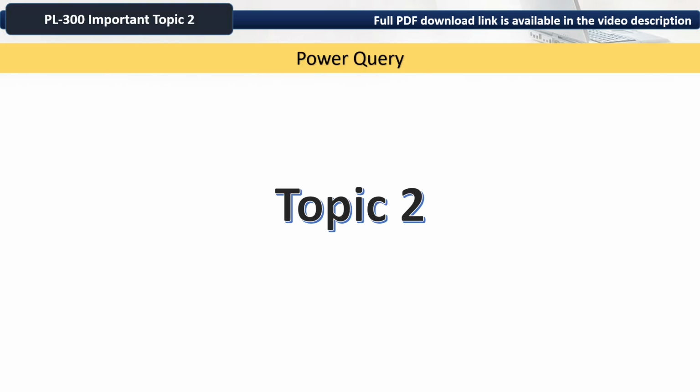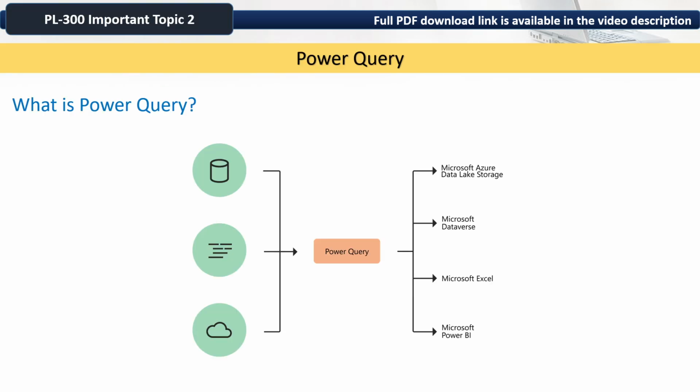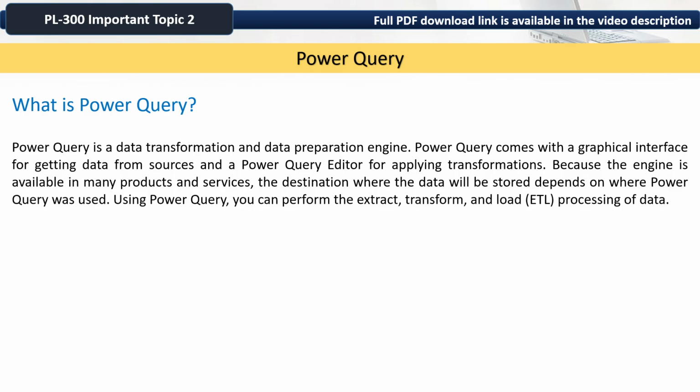To the next topic, Power Query. What is Power Query? It basically allows us to perform the extract, load, and transform process and is connected to multiple Microsoft services. To give you a better explanation, Power Query is a data transformation and data preparation engine.